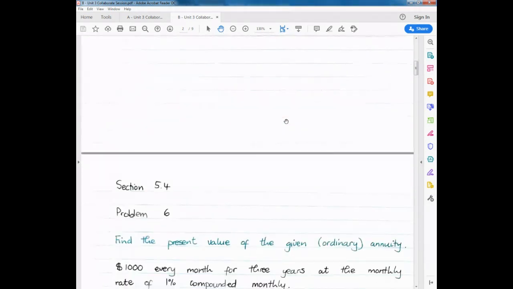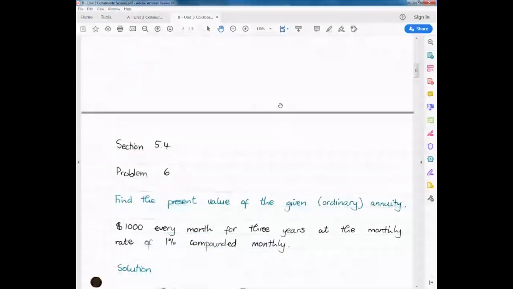The first problem is problem number 6, and we are simply asked to find the present value of the given ordinary annuity. Sometimes it is explicitly mentioned that the annuity is ordinary or it is an annuity due. Sometimes the wording is such that you will be able to figure it out on your own.